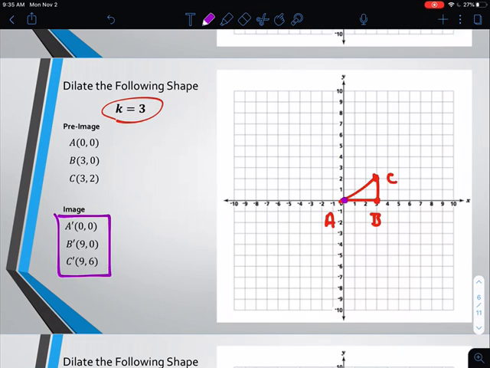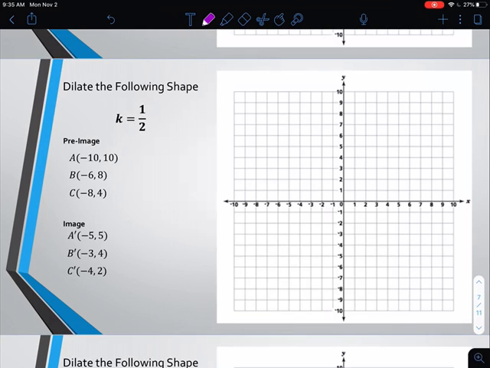So if we plot those new points, A prime actually ends up in the exact same location as A. B prime ends up at 9, 0. And C prime ends up at 9, 6. And so then I have the exact same shape, but larger. So A prime, B prime, and C prime, we've got our graph, and we've got our coordinates. That's what we need for our answer.